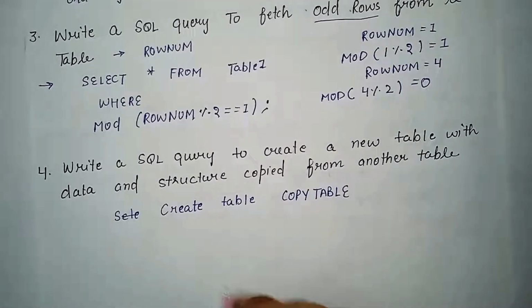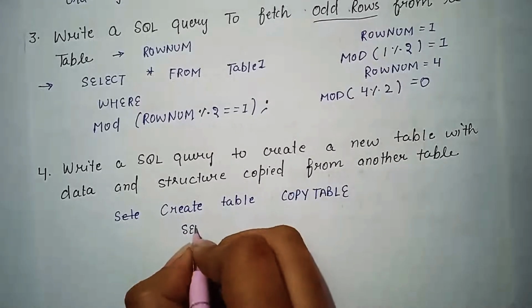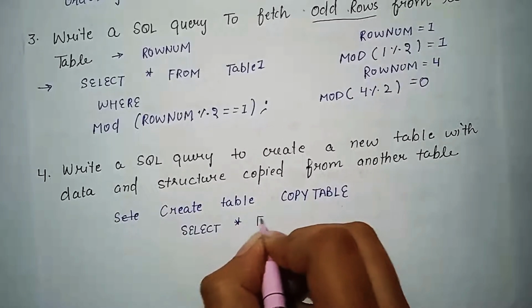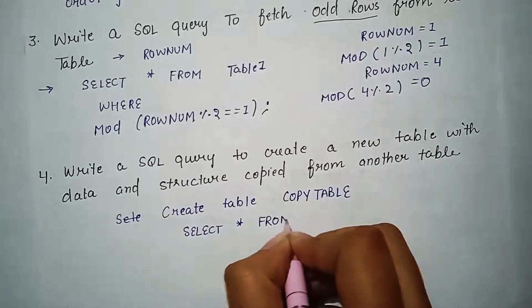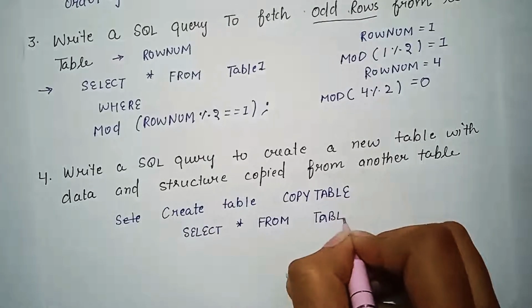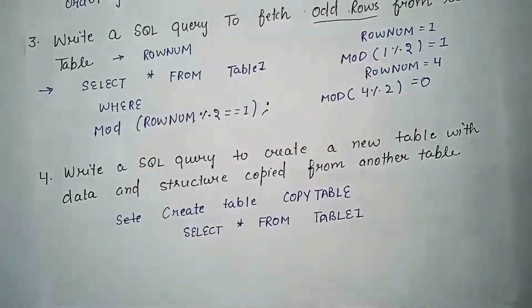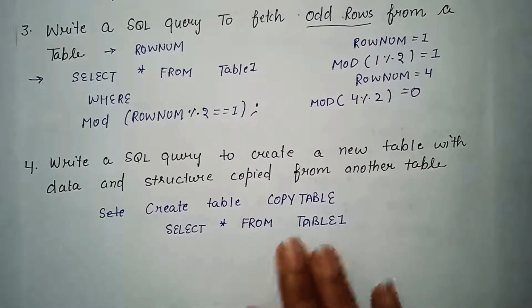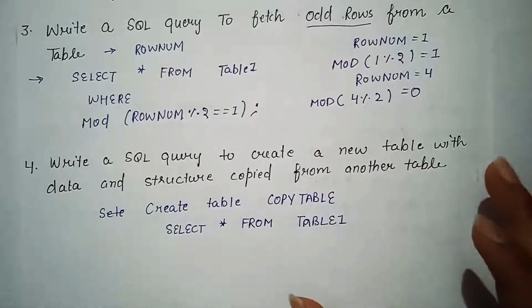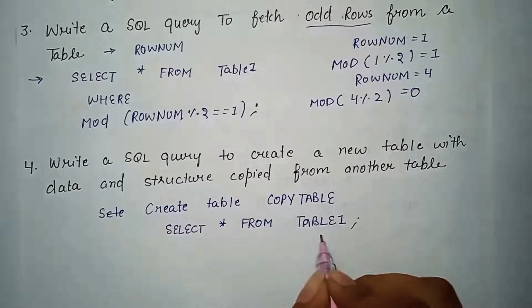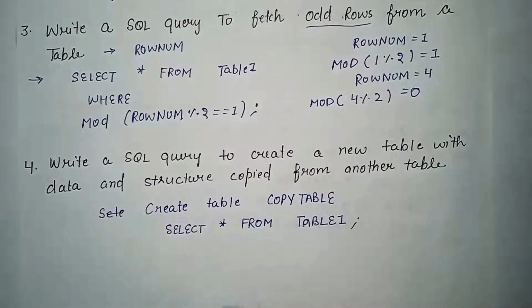After writing this, we will write select star from table1. So this is a query that we can use in order to copy the contents and the structure of one table to another table. This table will copy the structure and the contents of table1. So this is the fourth query.